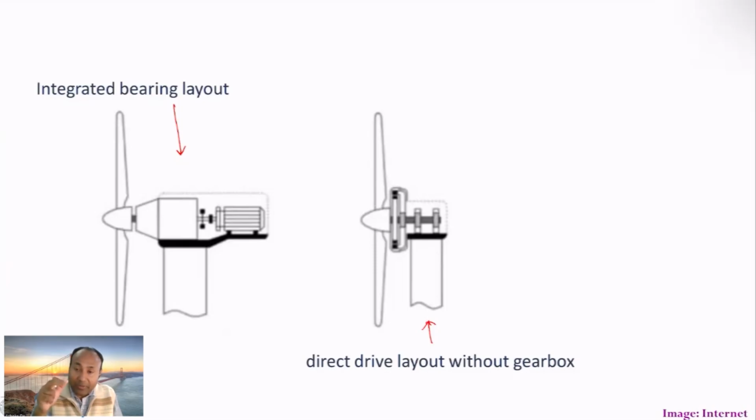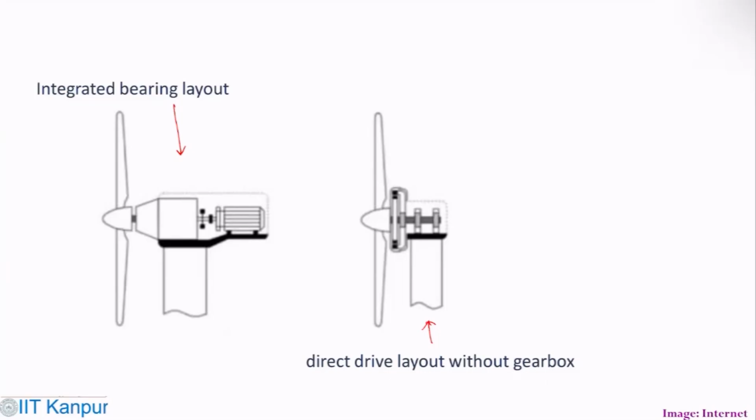Now that RPM is increased 50 to 60 times on the high speed shaft, which is connected with the generator, and the generator is the key component which generates the electricity. So the design of the gearbox mechanism, and the kind of gears that are going to be used, are important.